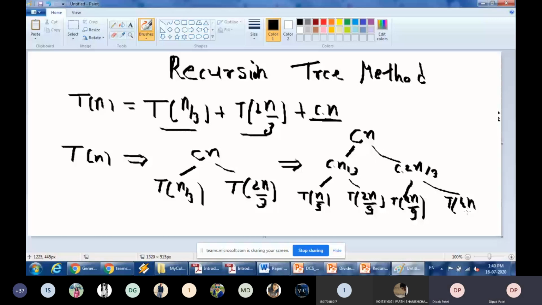We need to solve until we reach the smallest part, T of 1 or whatever.